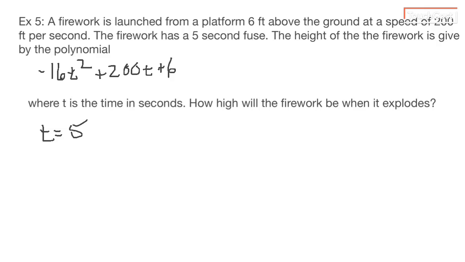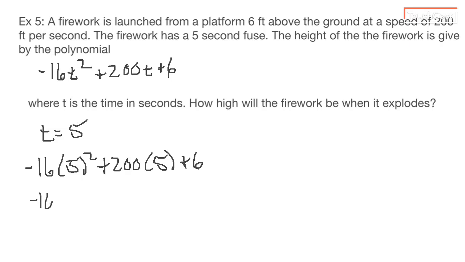So what we're going to do, we're just going to take 5 and put it into our polynomial for t. -16 times 5 to the power of 2 plus 200 times 5 plus 6. I would say go ahead, use a calculator to do this. If you don't, you're going to end up going -16 times 25 plus 1,000 plus 6, and again, calculator, use it.